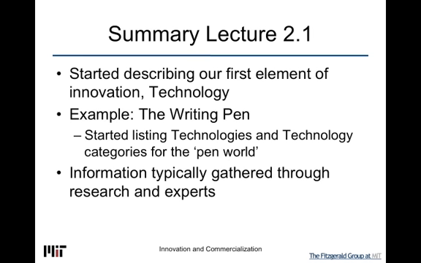Right here, we're just doing it off the top of our head because, again, that's the advantage of using the writing pen analogy. But depending on how fundamentally you're trying to make innovation, if you're a scientist thinking far into the future, then lots of research in different technical areas will further define which ones are the most important. And you're constantly in contact with other experts in both different aspects of science and technology.